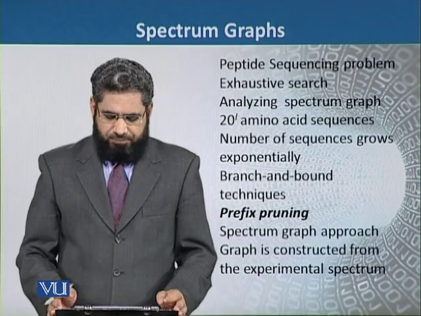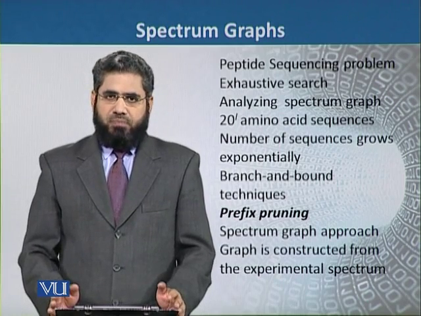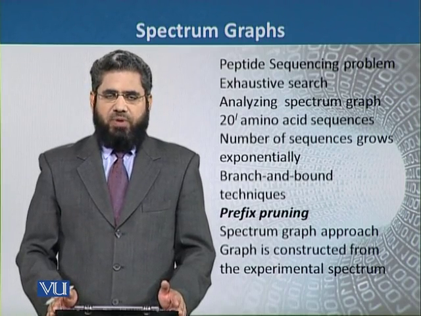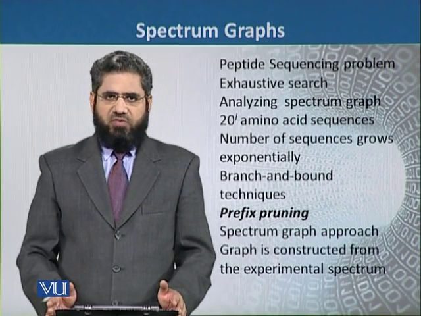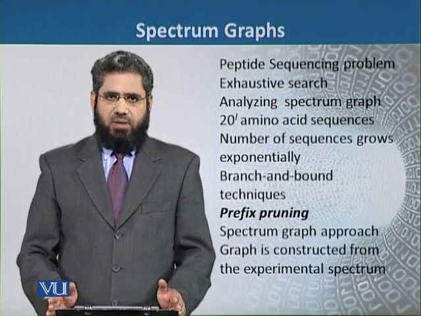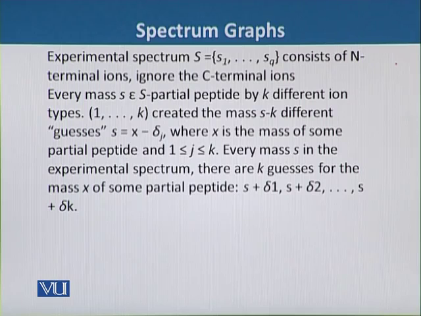In the second technique, known as the spectrum graph approach, the different types of peptides are not generated. Rather, a graph is plotted and generated by using the data of the experimental spectrum. The experimental spectrum S, going from S1 to Sq, consists of N-terminal ions.